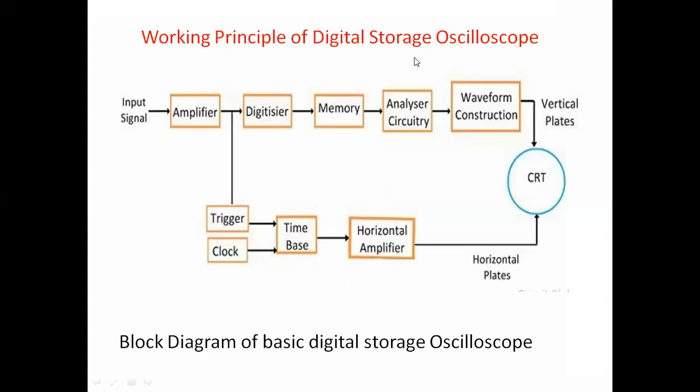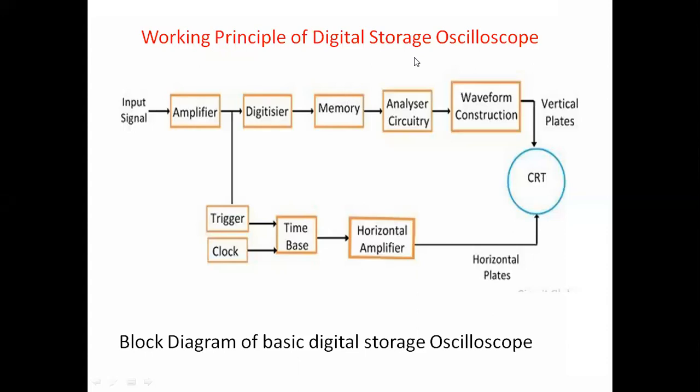The analog signal will be converted into digital form, and that digital form of the signal will be stored in a memory. When we store it in memory, we can retrieve it anytime, for our convenience.